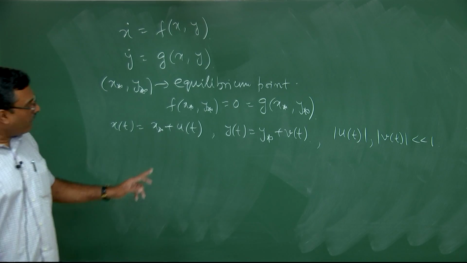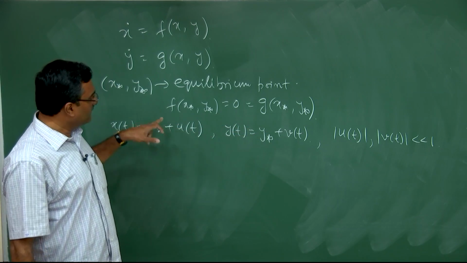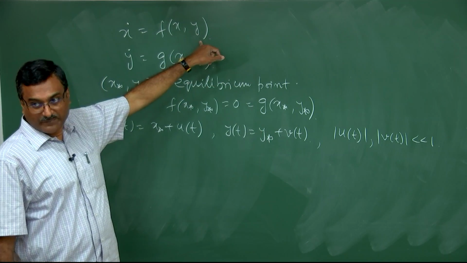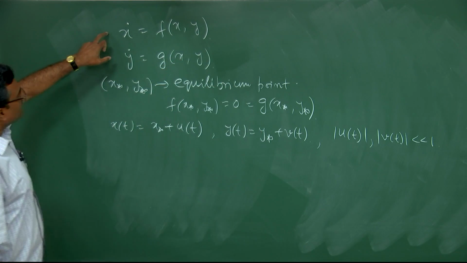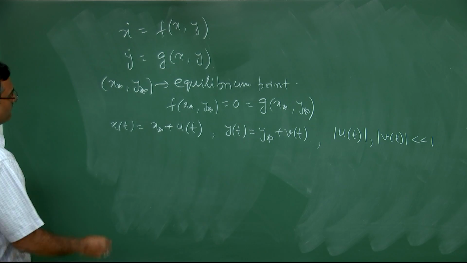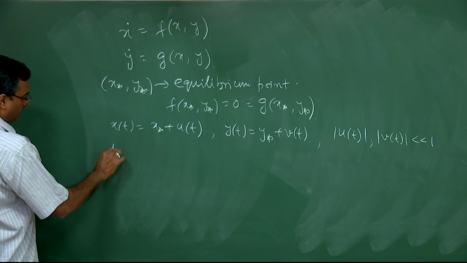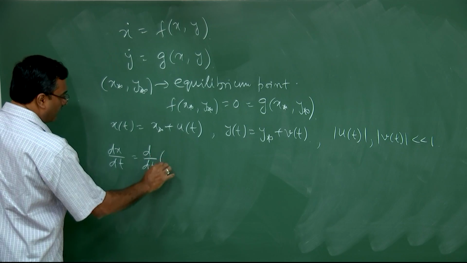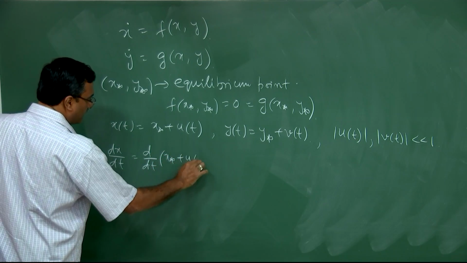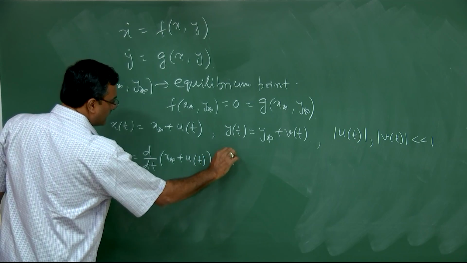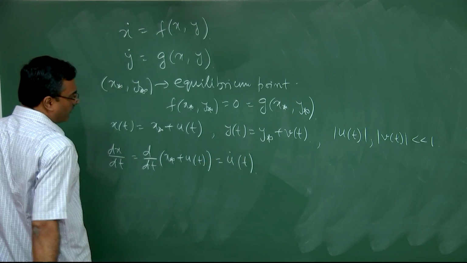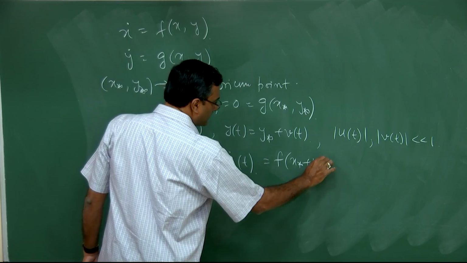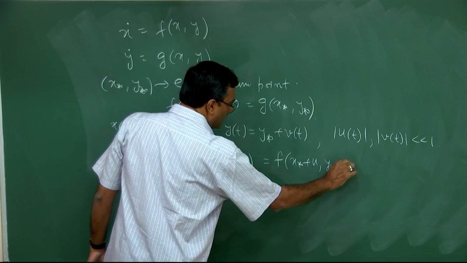Right. Now if we substitute these expressions, that is x(t) equal to this one and y(t) equal to this one, in this particular system, then first of all substituting in the first equation, we find that dx/dt, that is equal to d/dt of x star plus u(t), so this is equal to u dot t, this will be equal to f of x star plus u, y star plus v.